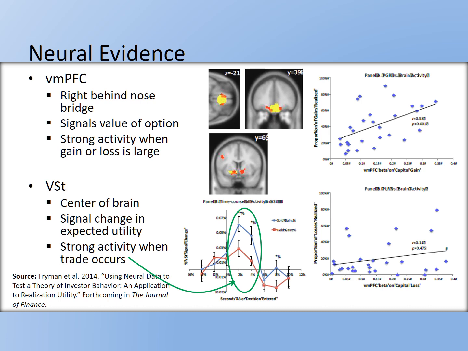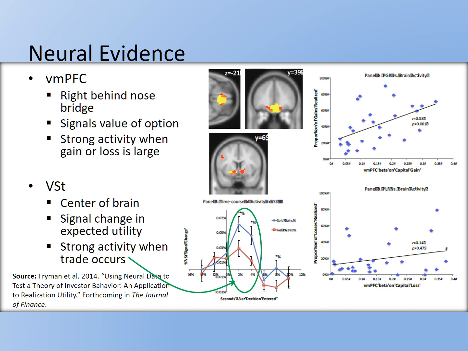He is also one of the co-authors of this paper. This paper claims that this is evidence that this is the right model, where you get a burst in utility when you make a decision. You don't just get a constant amount of utility.